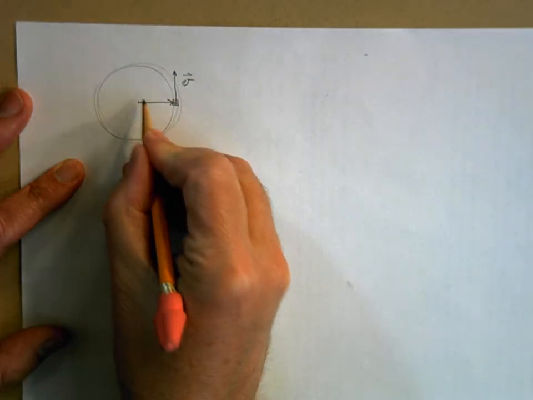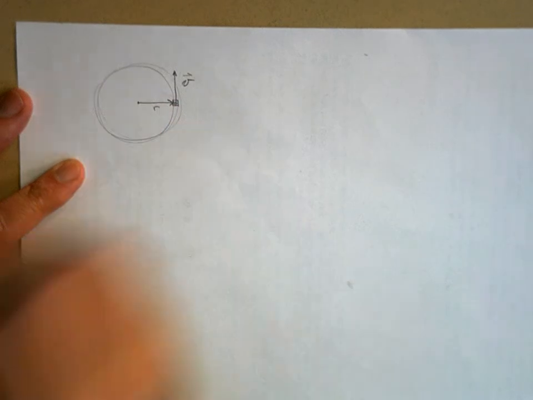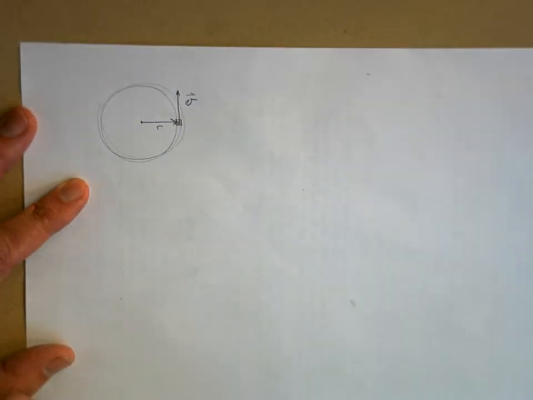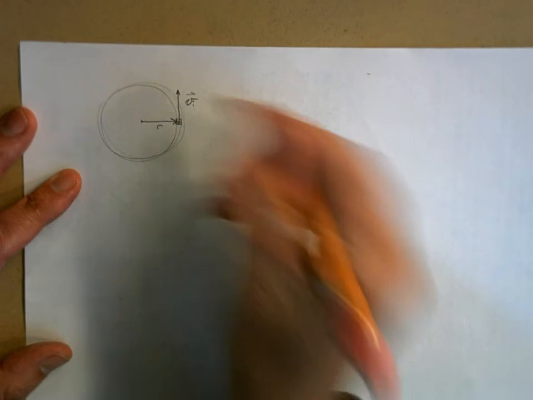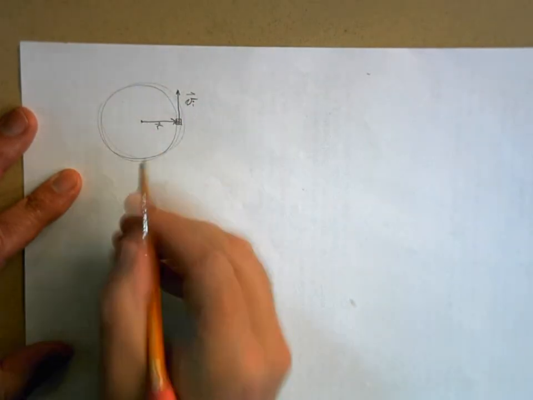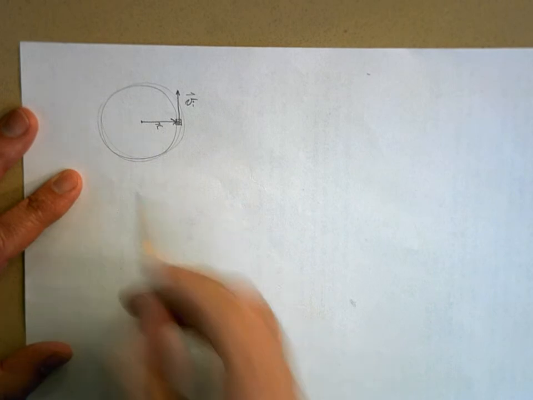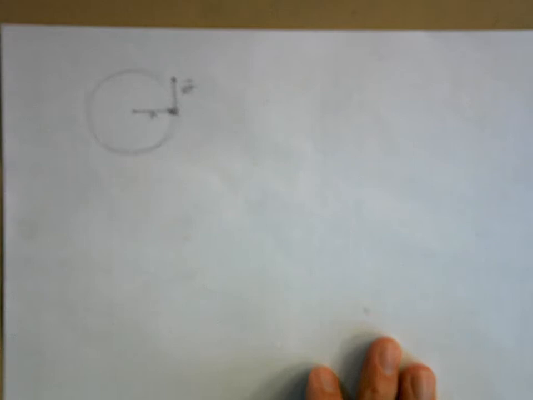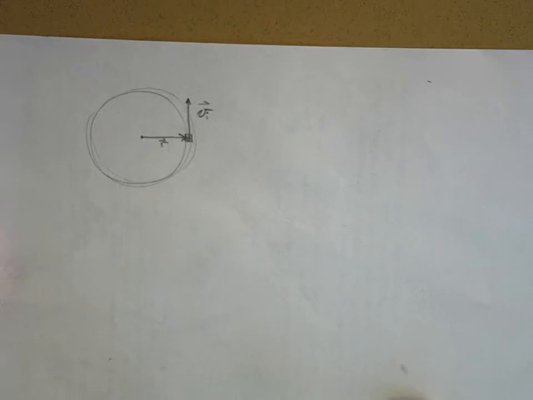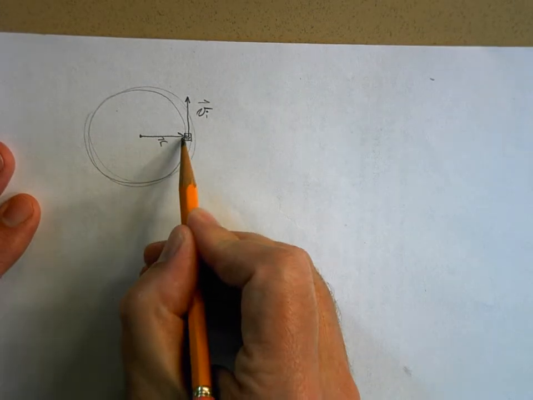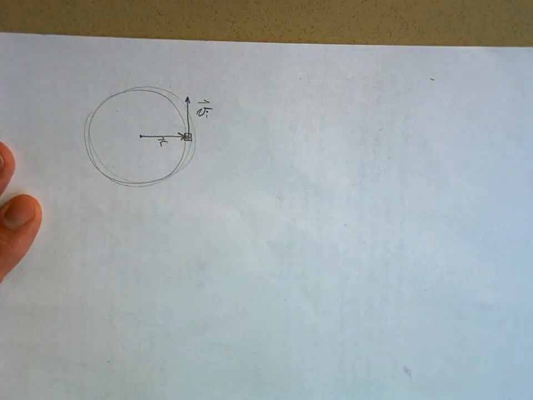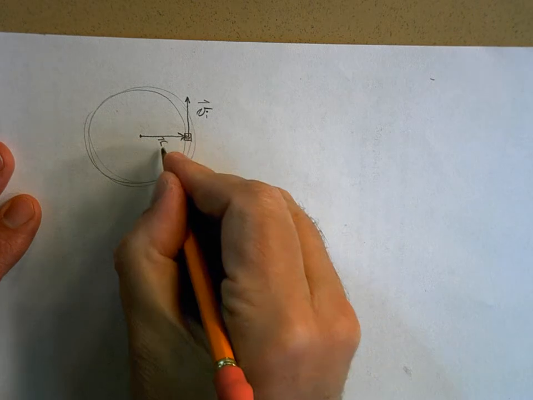And I'm going to put my origin right there at the center of that circle. And this is the initial velocity vector. Now this R is a vector too. Zoom in, I drew it too small. This is a position vector. It's a vector, and this is a vector. And so this is where it is initially.